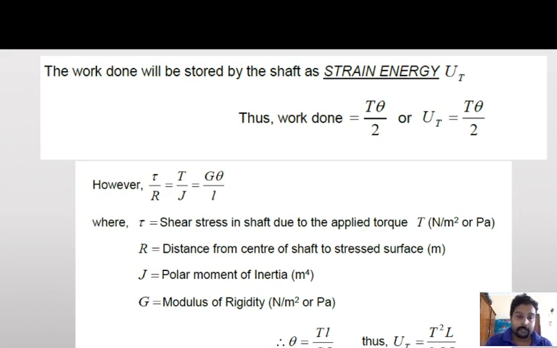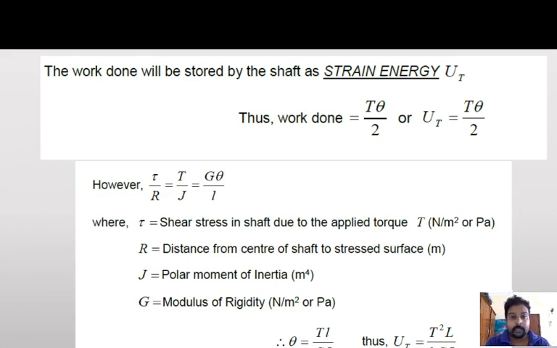However, you can look at that T divided by J, which is equal to the shear stress of the shaft due to the applied load, tau divided by R, which is equal to G theta divided by L, where G is the modulus of rigidity, theta is the deflection angle, and L is the length of the bar.